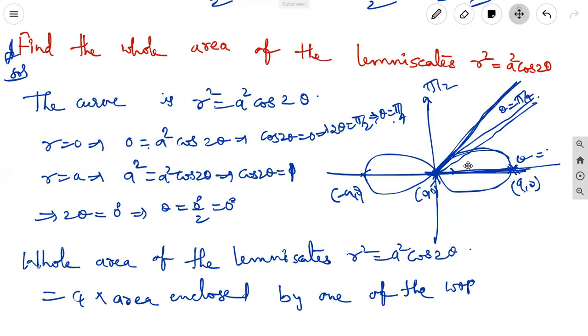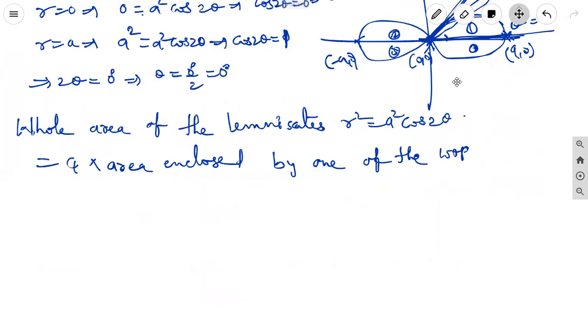There are 4 such lobes, and we take only one of them.